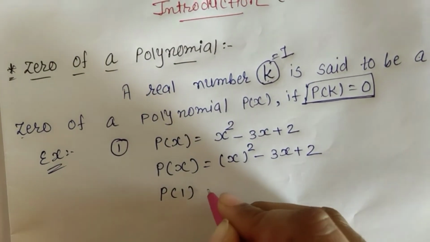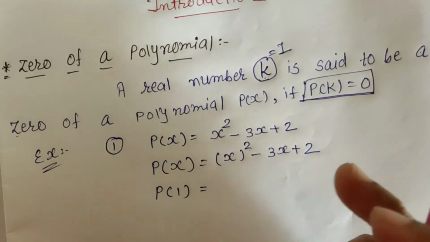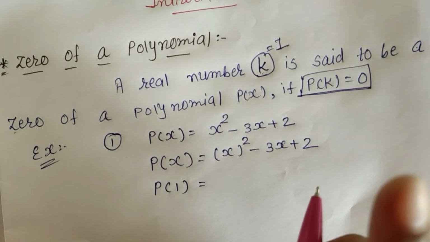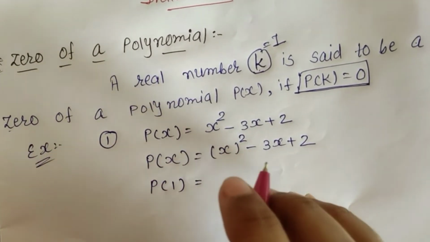P of 1 is equal to, in the polynomial also we have to put 1 instead of x. Remember that we have to keep the power, sign and coefficient as it is. We cannot change that.